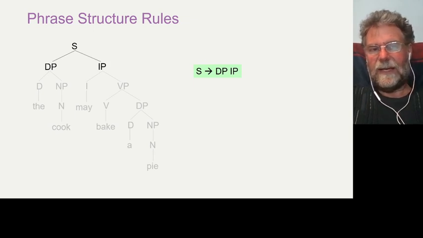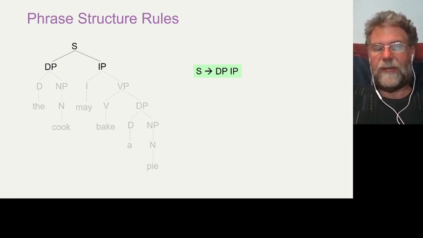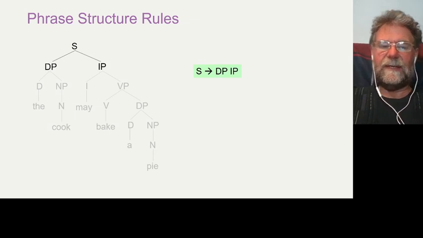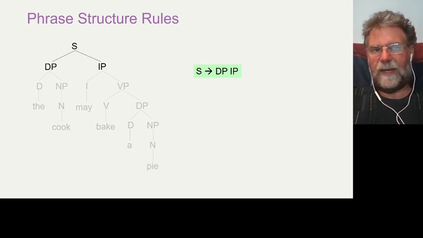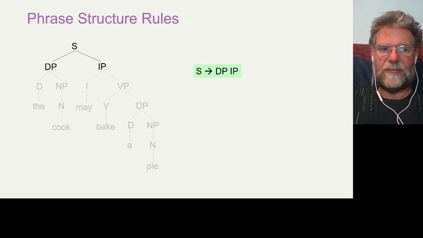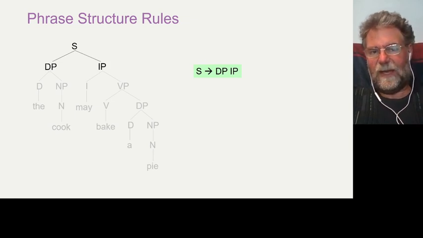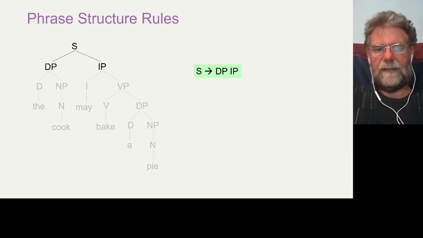Basically it's an instruction of how to draw that bit of the structure that we see over there on the left-hand side. The S is at the top, and that's what comes in front of the arrow. Underneath it and connected to it by branches in the tree are the DP and the IP, and that's what comes to the right of the arrow.